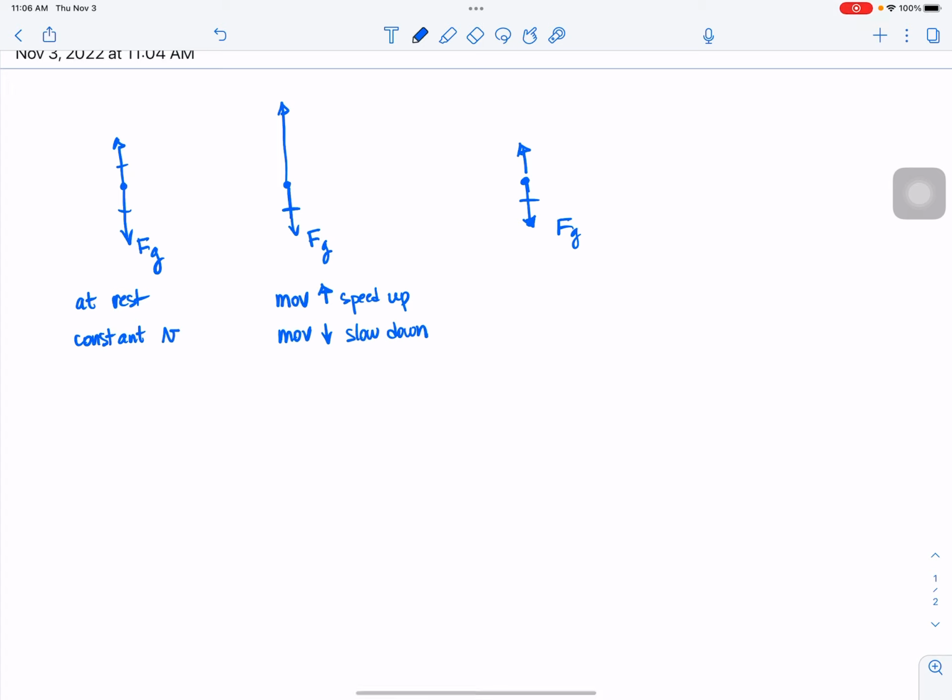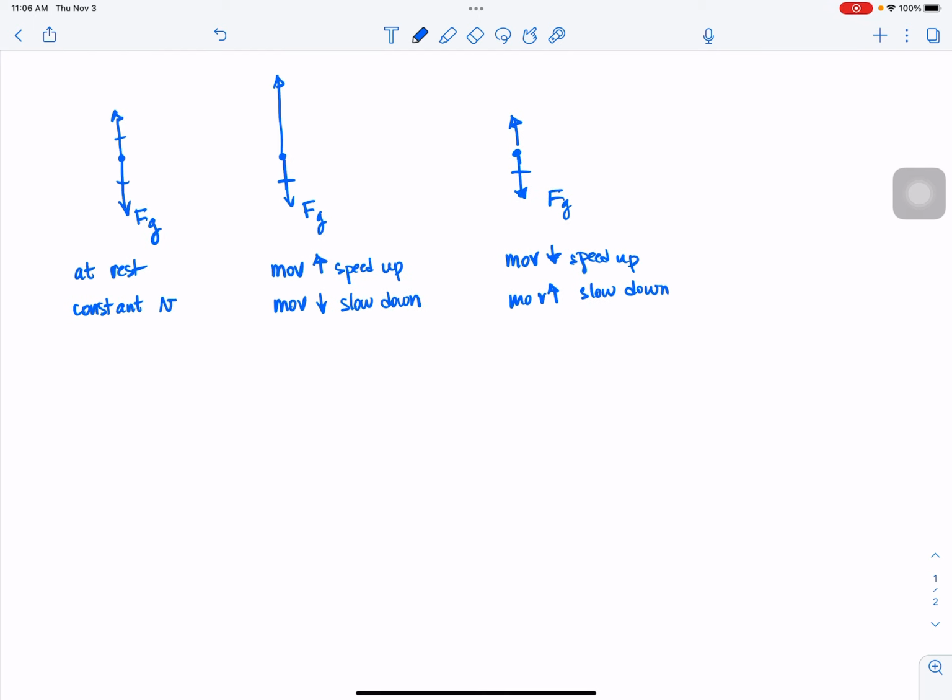All right, that's a little bit better. So for this one, we have moving down and speeding up, or moving up and slowing down. So each one of those will be used to describe what's happening in the elevator.